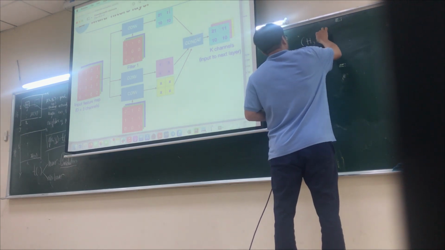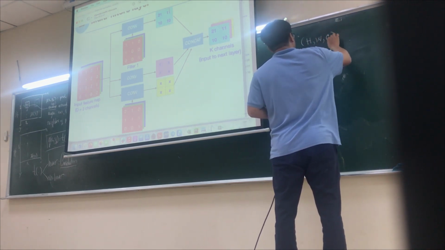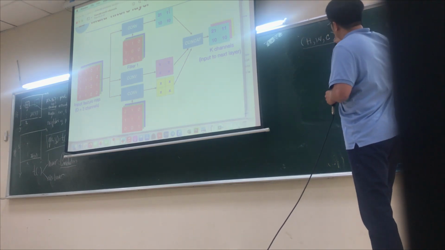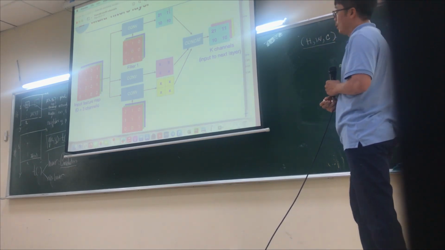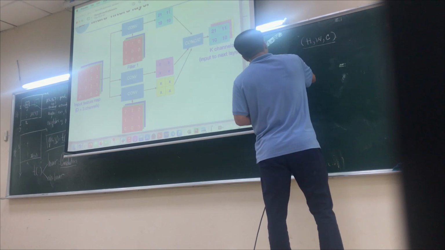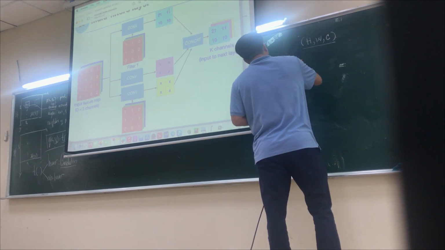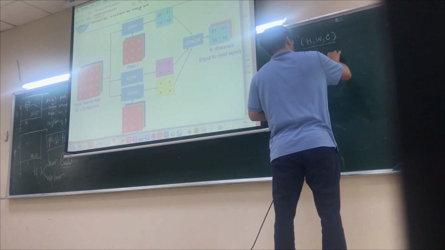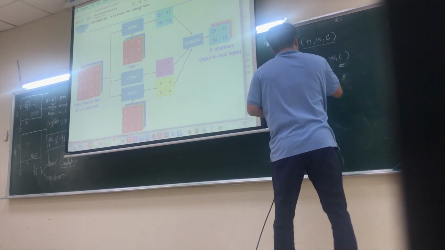So W, C, the channel. For one image, C equals 3 right now. For an element, you have N, H, W, C.